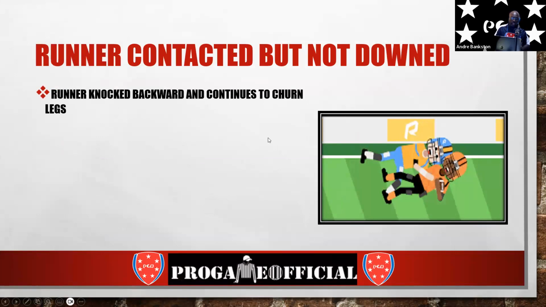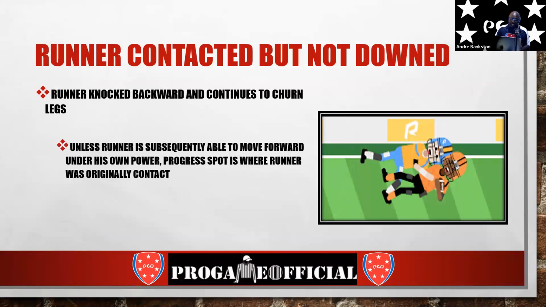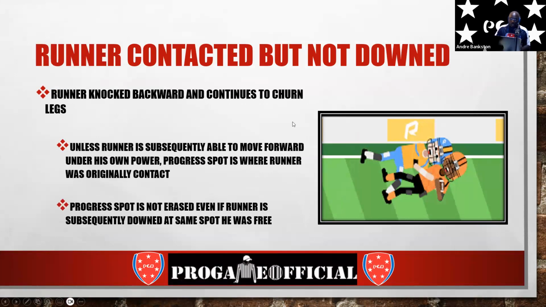So we see here the runner was not driven backwards and continued to turn his legs. Unless the runner is subsequently able to move forward on his own power, progress is where the runner was originally contacted. The progress spot is not erased even if the runner is subsequently down at the same spot where he broke free.